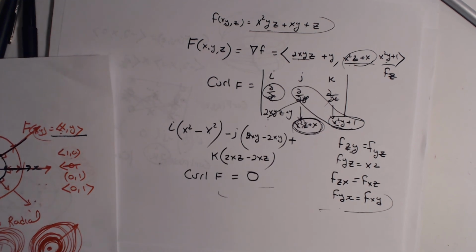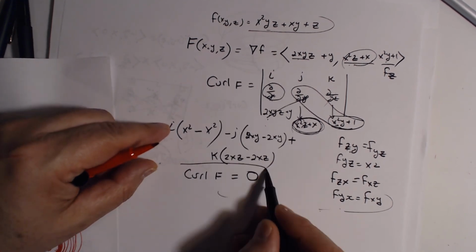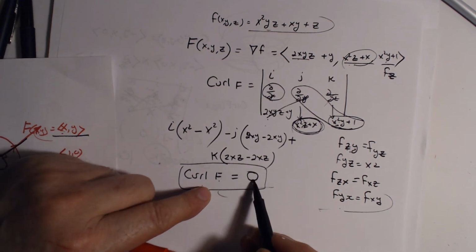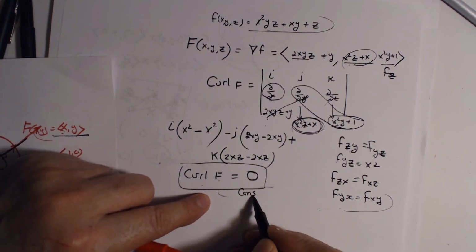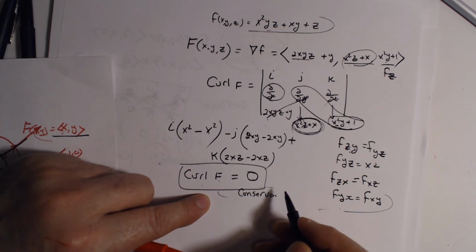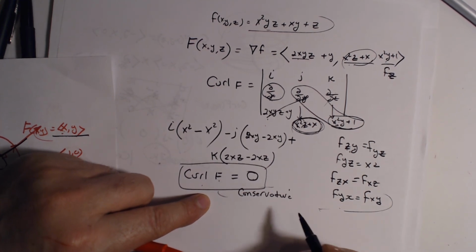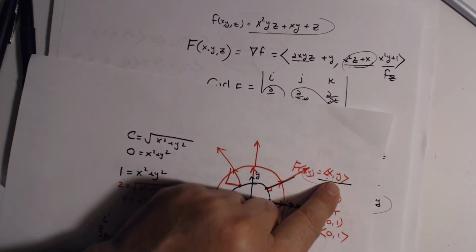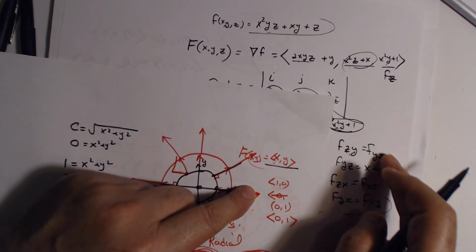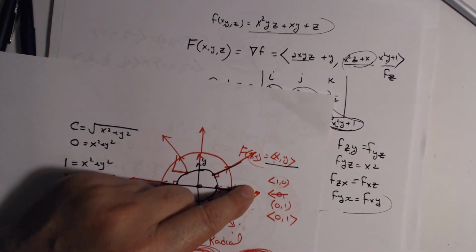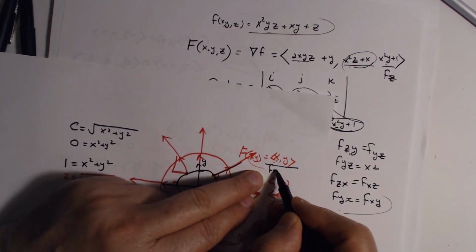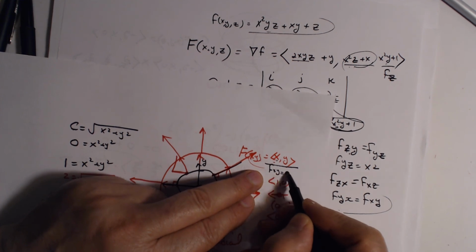Then somebody said, oh, do I have to find the curl of the vector field, and if it becomes 0, I call it conservative? I said, no. Just go to this vector field and see if this order works. If this is partial derivative with respect to x, do it with respect to y, and it's 0.